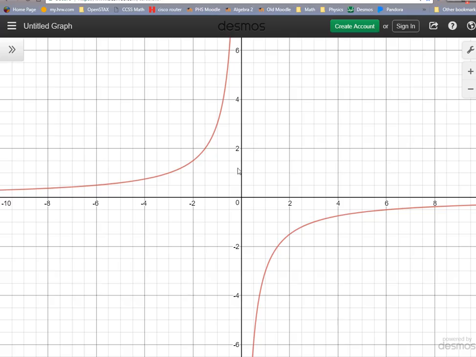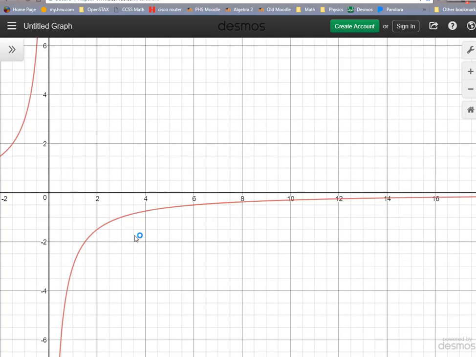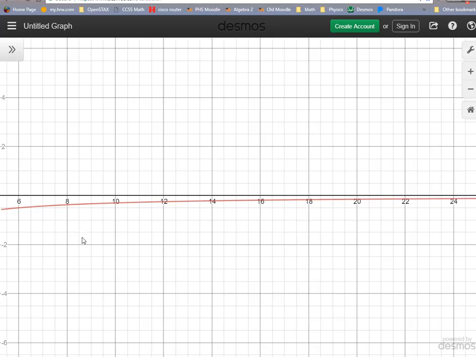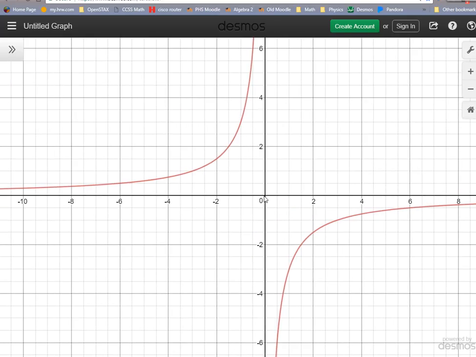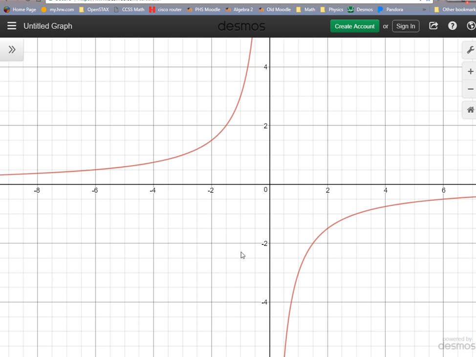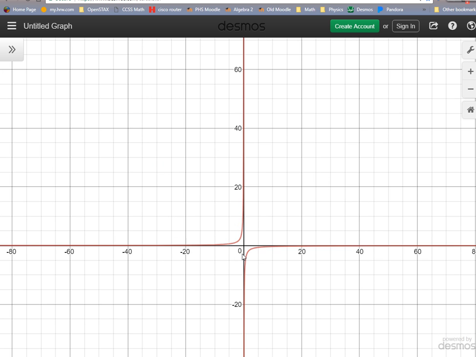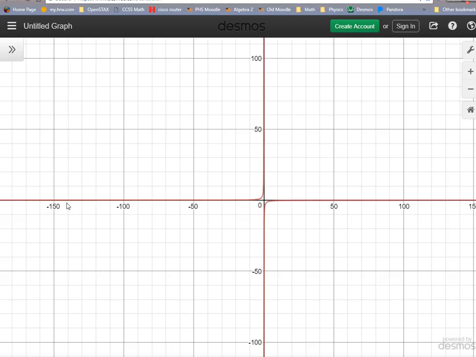As x approaches infinity, look what this function is doing. It's getting closer and closer to 0, right? As x approaches negative infinity, it's also getting closer and closer to 0. And I don't have to go out very far before this looks pretty much exactly like 0, right?